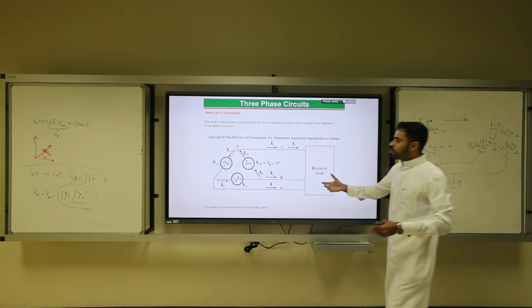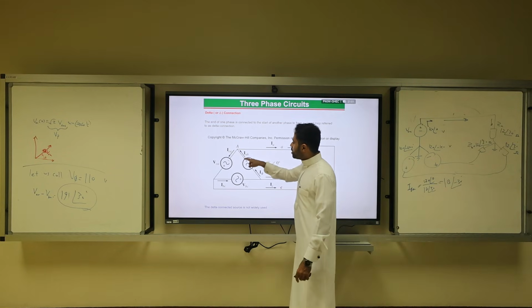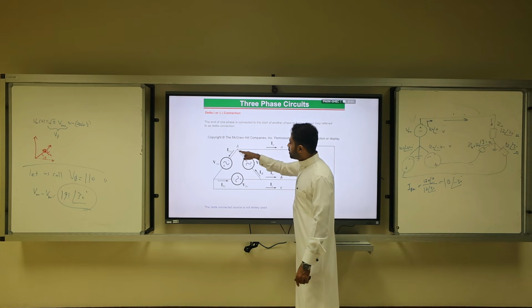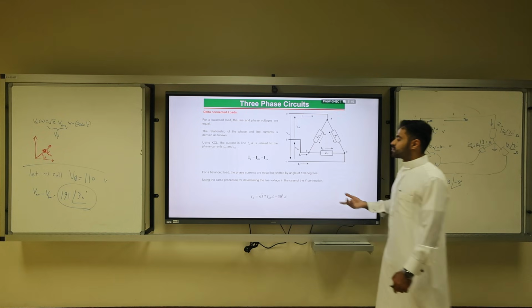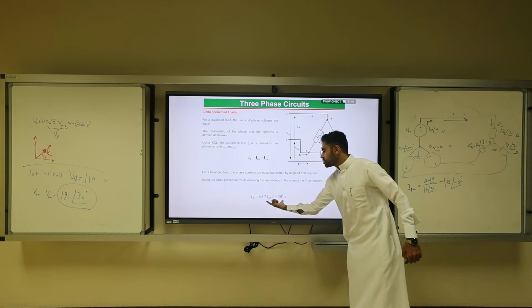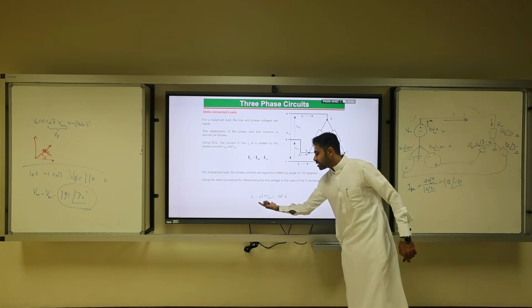And how to get the equation? You can do KCL here, where you have IAB equals IA minus ICA. You know the relationship between IAB and ICA, so you can get IA. But without loss of generality, you can find the line current using this equation.